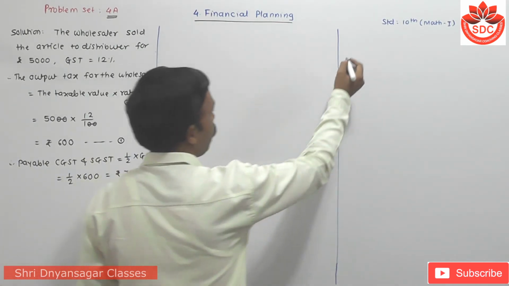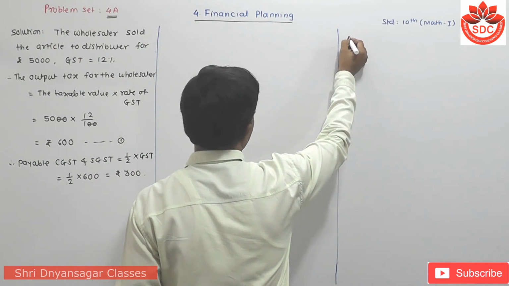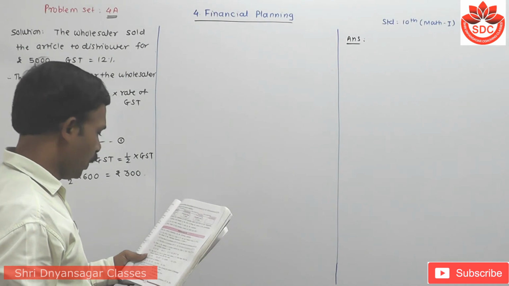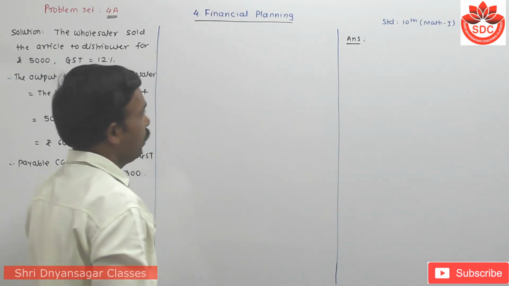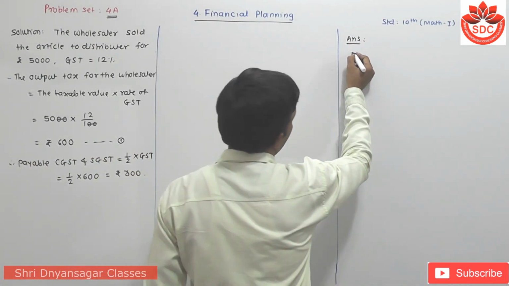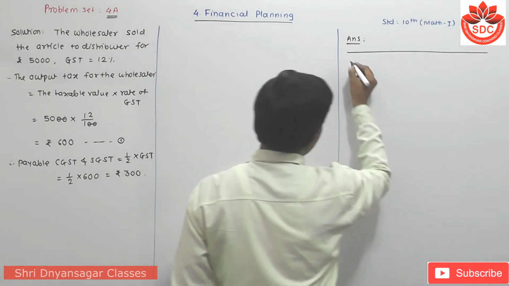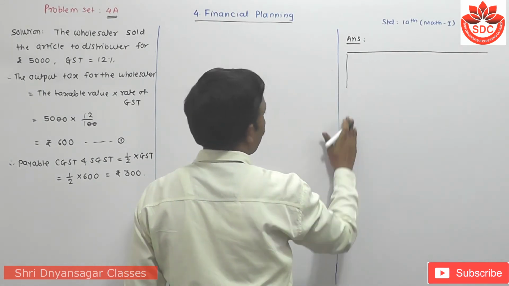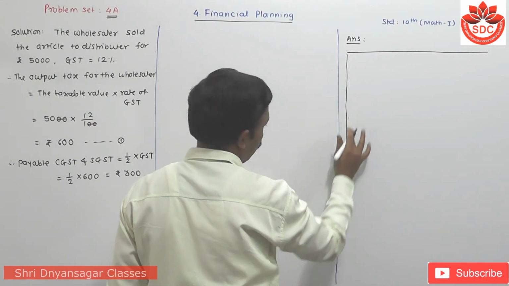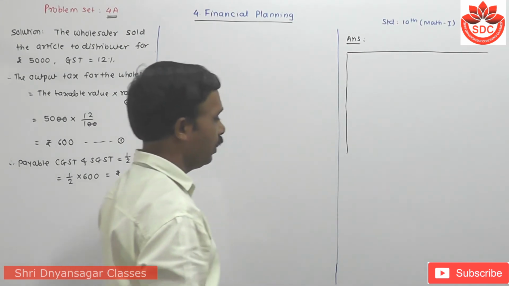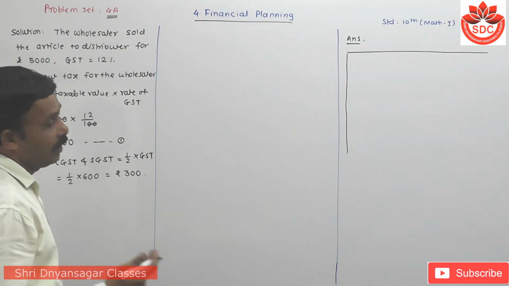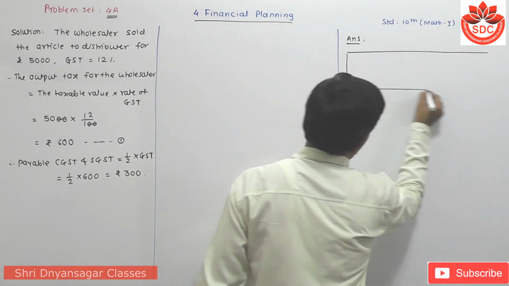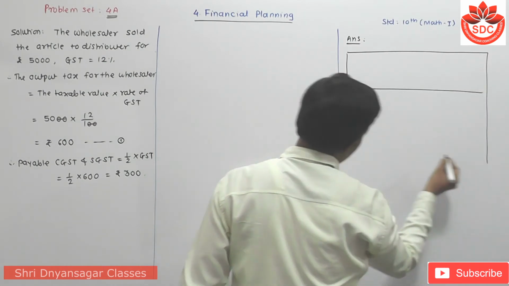So first I take the answers simultaneously. The first one is to prepare a statement of the GST. For this I have to prepare one statement here: the first is the wholesaler, then distributor, then retailer, and then the total amount. So take this space here.